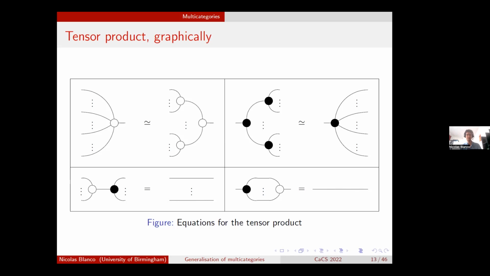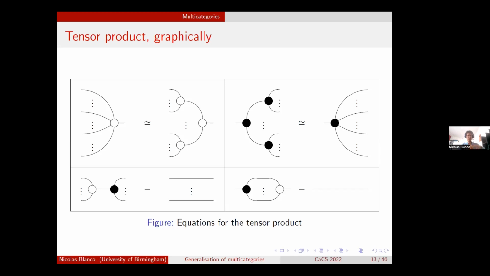uniqueness of the factorization. And then we have this kind of rule that says that the white dot is a monoid, or pseudo-monoid. And this comes from the fact that the multiplication map composes. And so basically what is this saying? It's saying that you can get rid of the brackets for the tensor product.